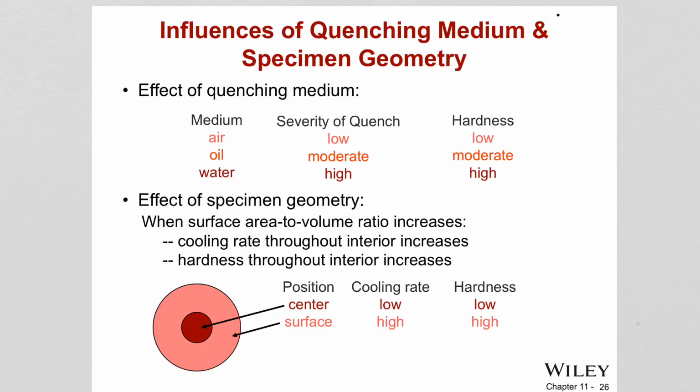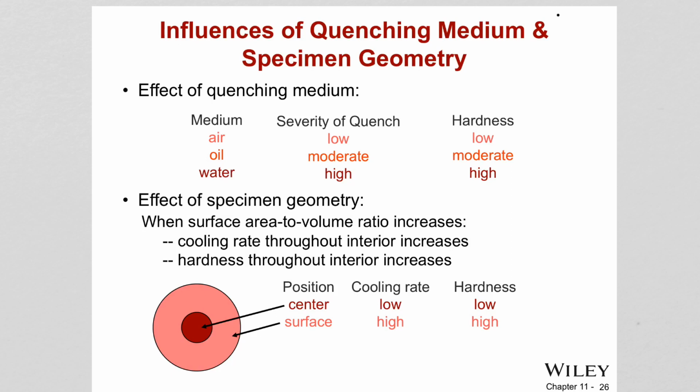When you consider the specimen shape, remember the heat is dissipated from the surface to the quenching medium. So the rate of cooling will depend on the amount of surface area compared to the volume, because that's where the heat is dissipating.